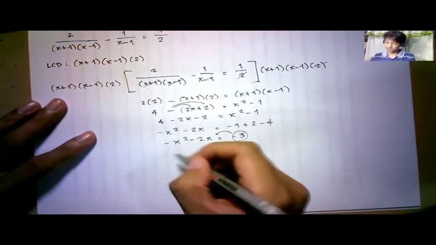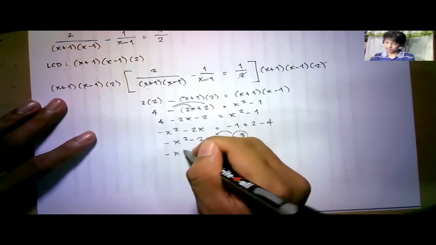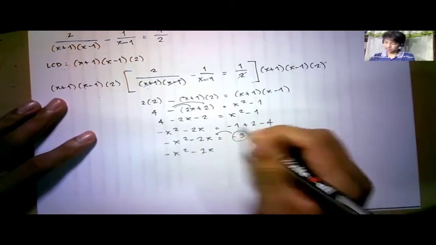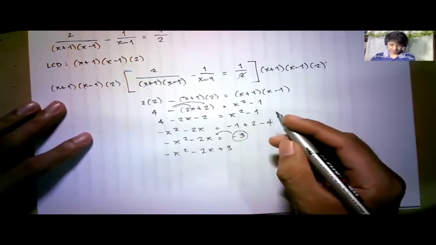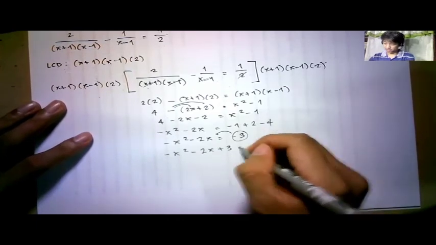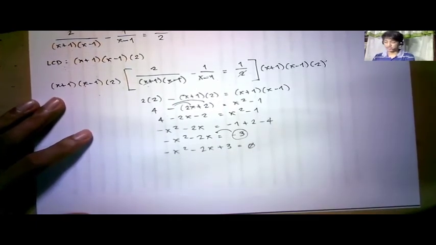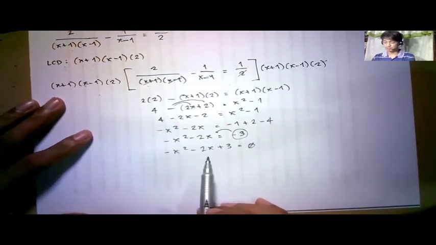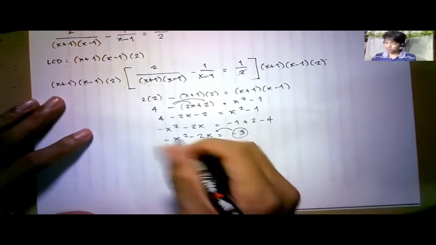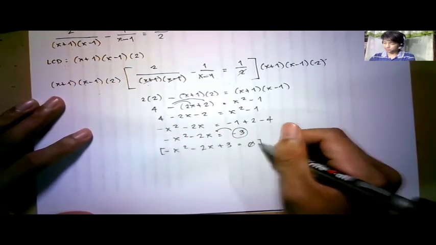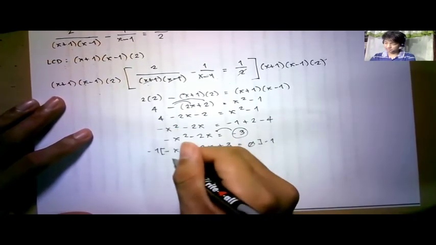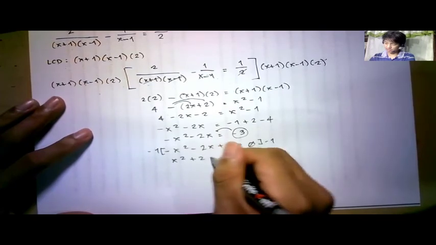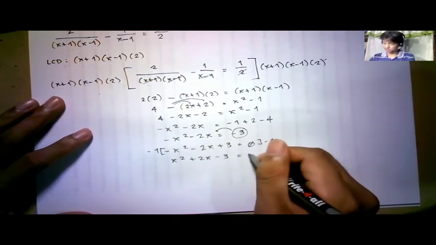So that will give you negative x squared minus 2x plus 3, and then equate it to 0. In order for us to factor it, we need to multiply both sides by negative 1. So x squared plus 2x minus 3 is equal to 0.